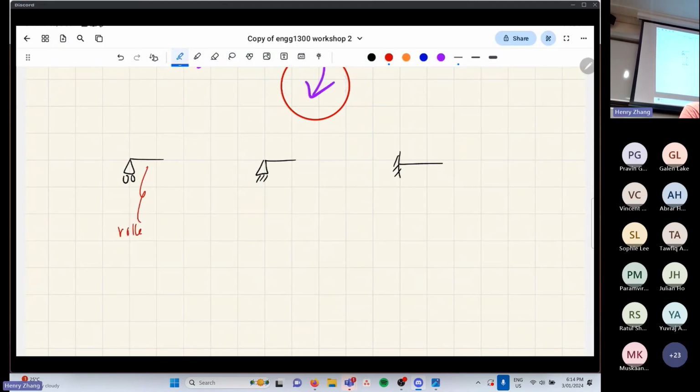Here's your roller support. This one's your pin support. And this one, which kind of looks like a wall, is your fixed support, right?